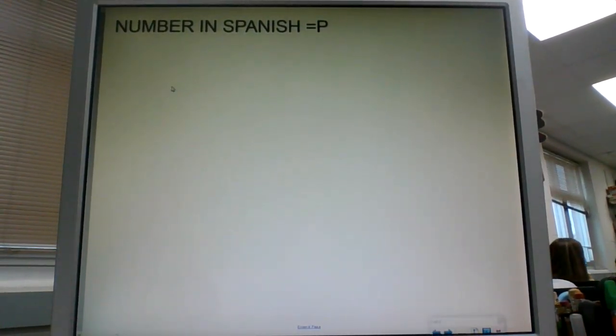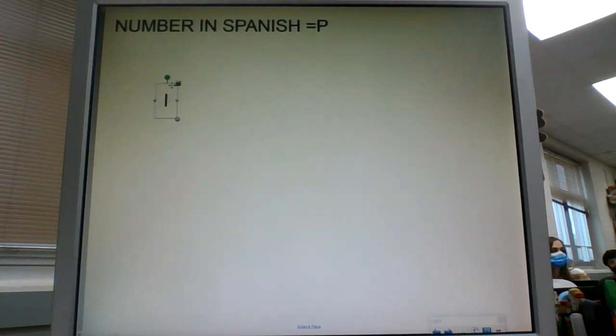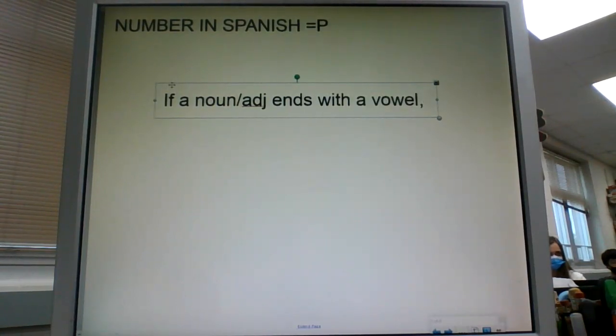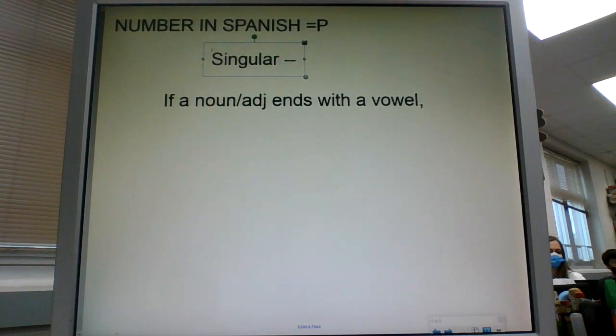Alright, so if a noun or adjective ends with a vowel, to make it plural, okay, we're going from singular to plural.